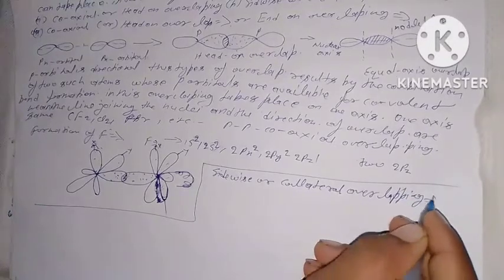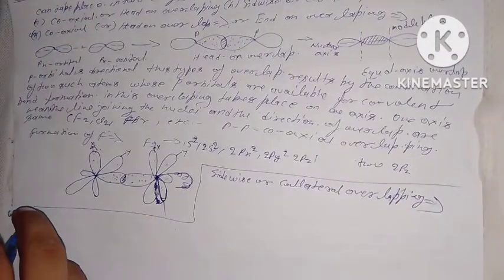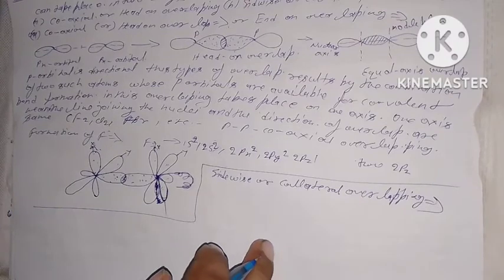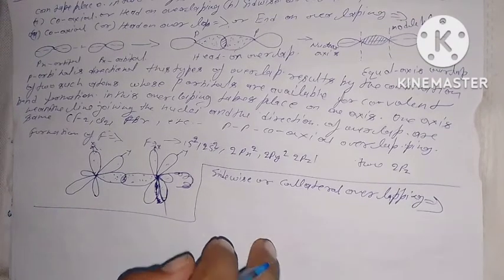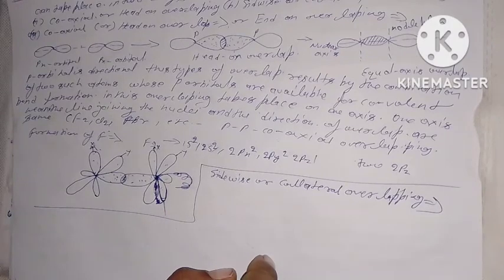In this type, both p orbitals, py or pz, combine sidewise or collaterally. The molecular orbital formed by the sidewise overlap is called a pi molecular orbital, or pi bond.